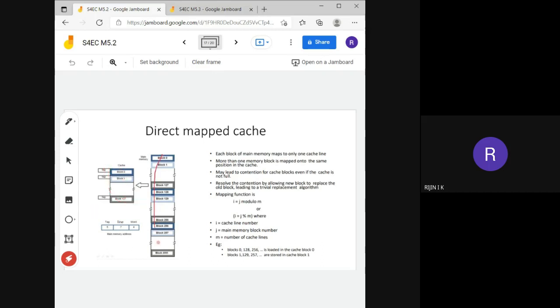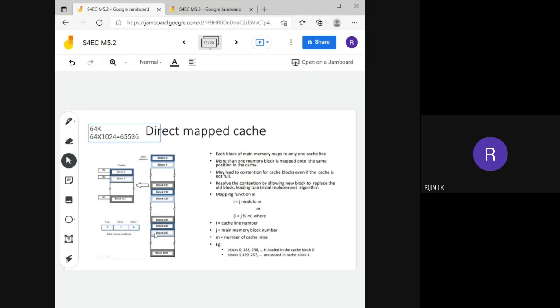Here we have taken the size of the main memory as 64K. 64K means 64 into 1024, that is equal to 65,536 words.